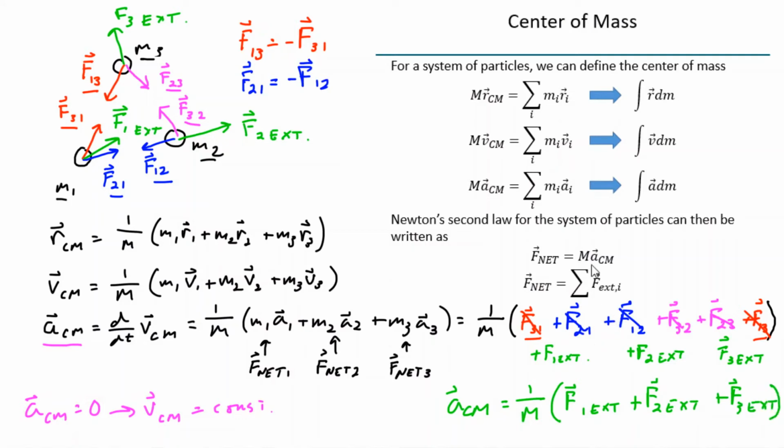So this leads me to Newton's second law for a system of masses. I can say F net equals the total mass of the system times A center of mass, just by multiplying both sides by this mass m. This is for a whole system of particles, where F net, when I add up all the forces, includes only the external forces. Only the external forces matter.